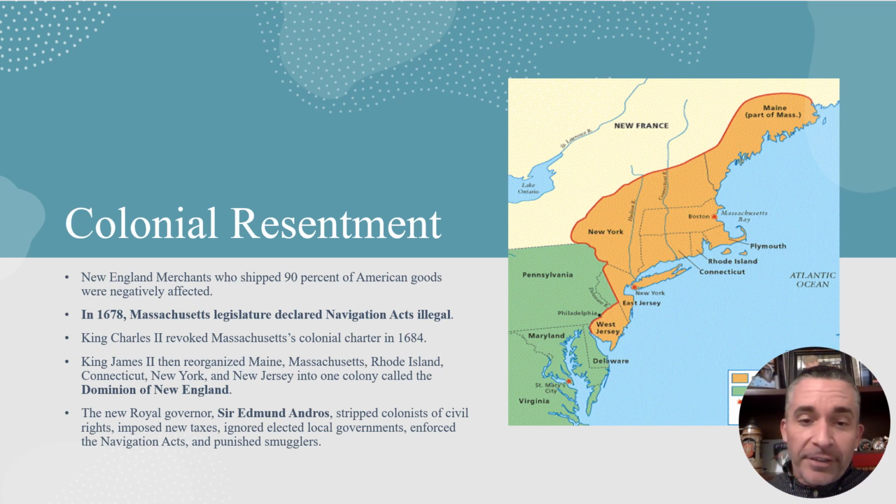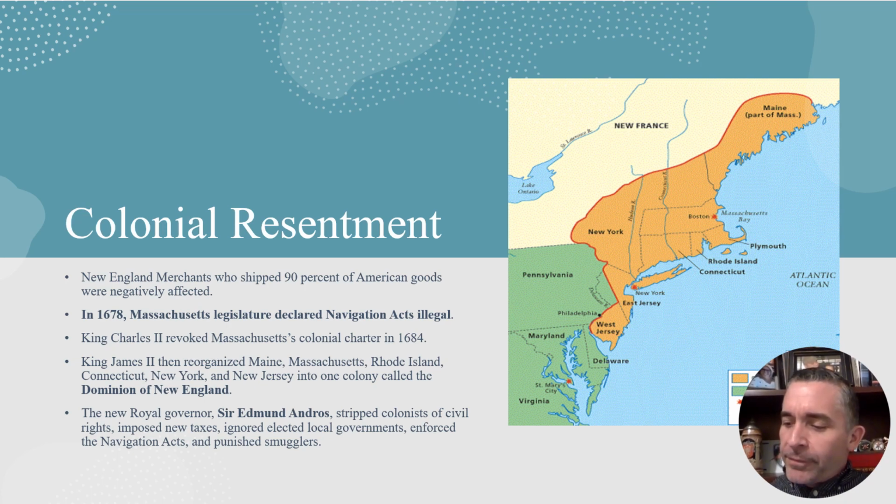His successor, James II, in 1685, actually reorganized the New England colonies, all of them, into one large colony called the Dominion of New England. And James appointed a royal governor, Sir Edmund Andros, to be in charge of the Dominion of New England.